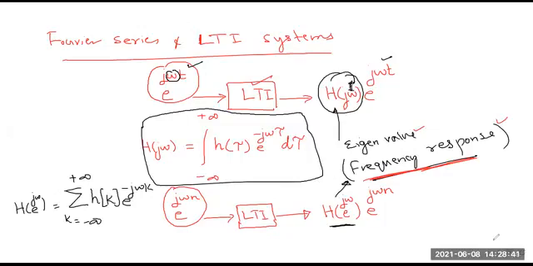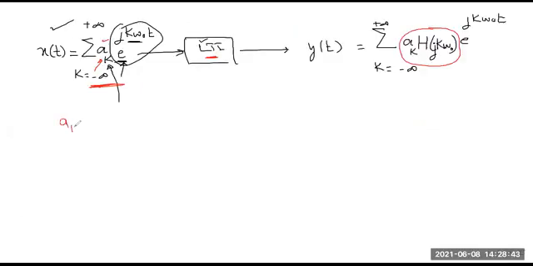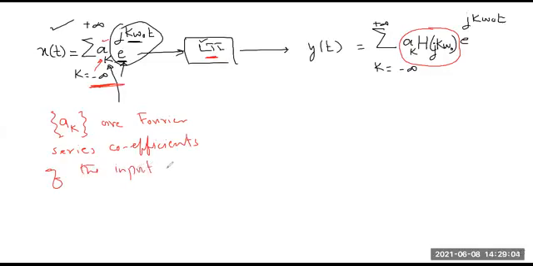So we will say ak are Fourier series coefficients of the input x of t.